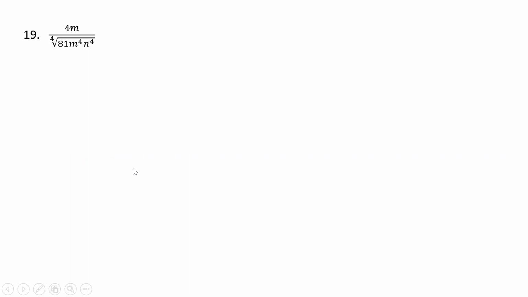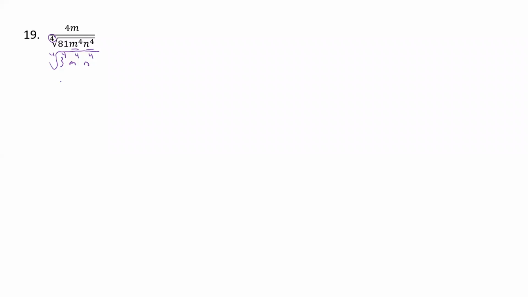All right, well, what are we going to do here? Well, let's look at our denominator first. What do we have? Well, we have the 4th root, so we have to have 4 of things. Here we have 4, here we have 4, so that's nice. What are factors of 81? Well, remember, if we take 9 times 9, that's 81, and 9 is 3 times 3, so this is really 3 to the 4th, m to the 4th, n to the 4th, and we're taking the 4th root of that whole thing.